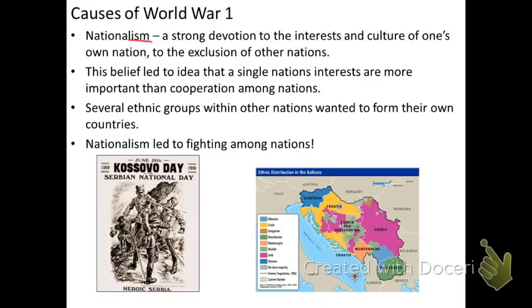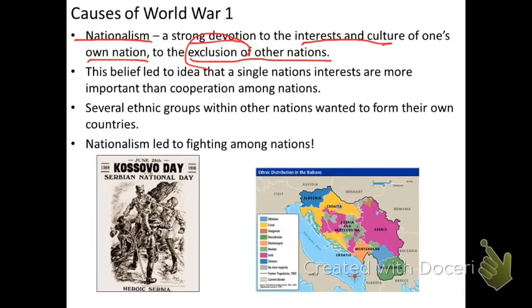Okay, the first of the causes is nationalism. A strong devotion, here's a definition, to the interest and culture of one's own nation, often to the exclusion of other nations. Now, this part right here, the exclusion of other nations, is the significant word there.